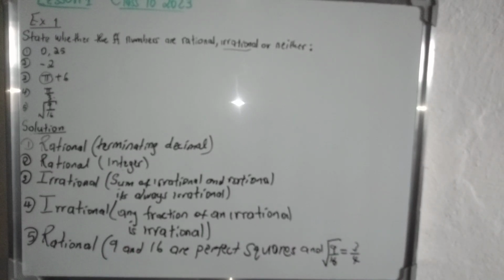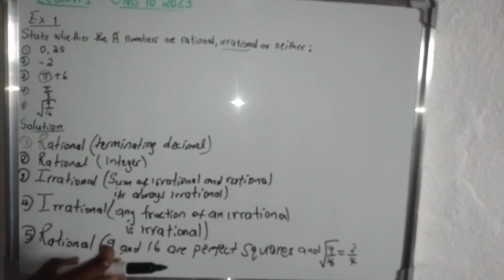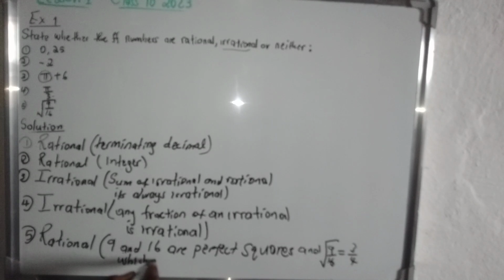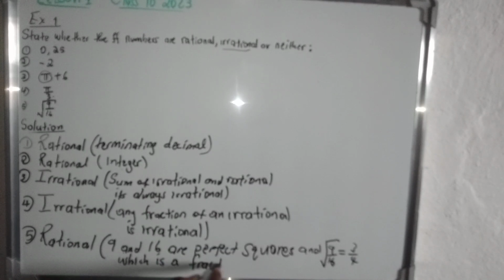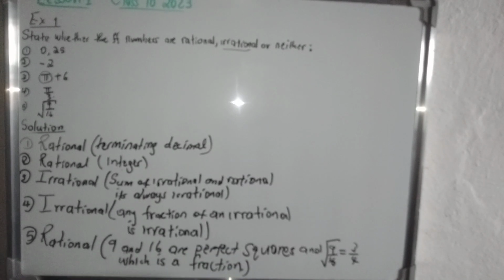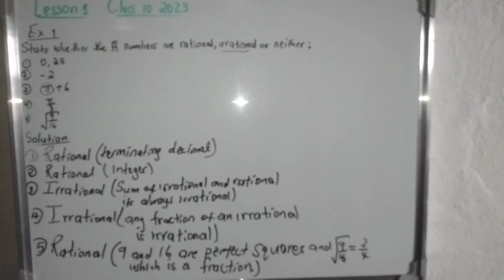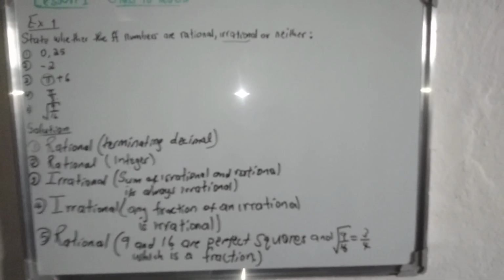If it is equal to 3 over 4, which is a fraction. So that is all. That is the first example of this lesson. Now let's continue and look at the second example.